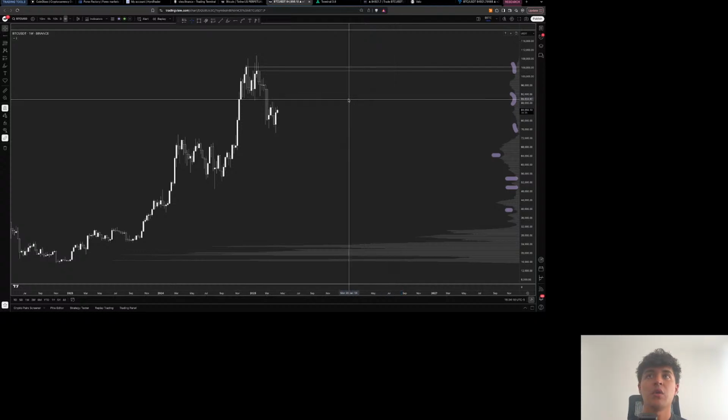We have another low volume node over here. Then we check what is directly correlated with this low volume node, this liquidity gap high over here. We have a liquidity gap. You see? Liquidity gap. We also have a liquidity gap from here to here. All right? But this area over here is directly correlated with this low volume node.